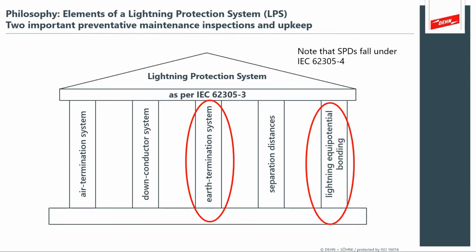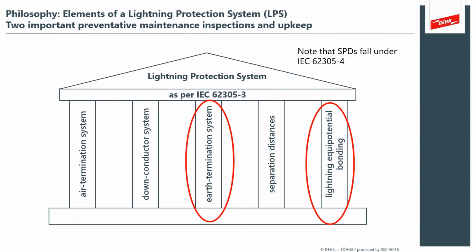So we're looking at the effects of lightning, and so it's always important to pay attention to the pillars of protection. And this is a great illustration that talks about air termination, the down conductor system, and separation distances. Now, these are things that are already installed at your site, and as an operator, you're not really in control so much of those.